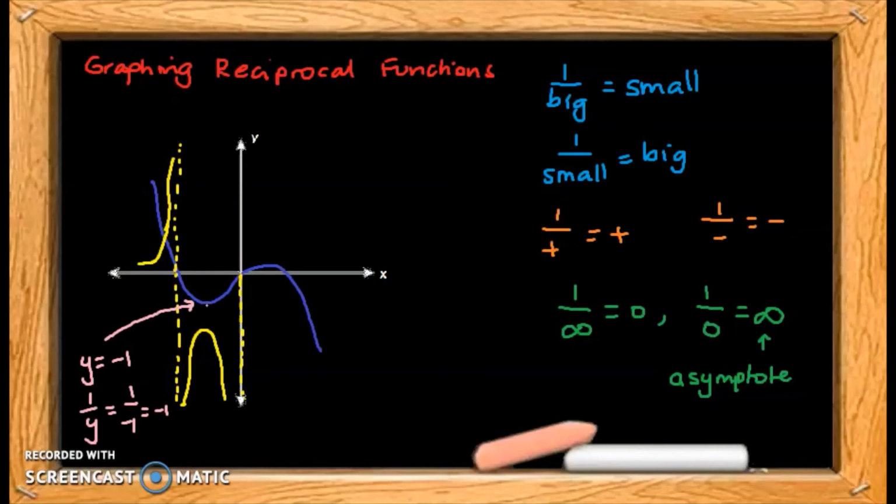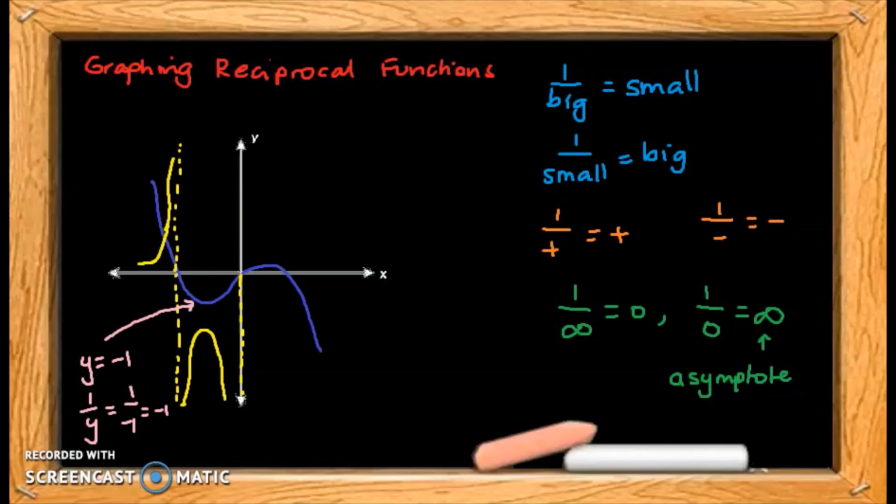It's somewhere between 0 and -1. Otherwise, this yellow line would come and touch it. If this was at -1, the yellow line and the blue line would be in the same place. But here's another important feature, that if I have a y value of -1 or +1, then my reciprocal value will also be -1 or +1.